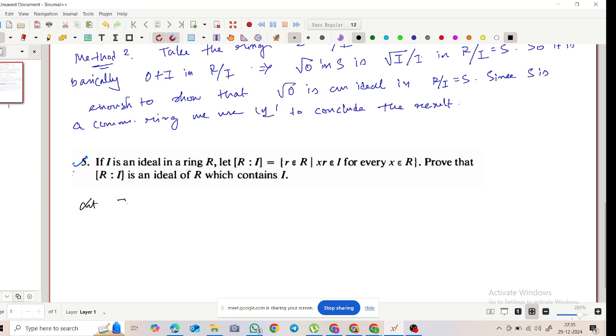Let I and J be two ideals in R. Okay, these are two ideals in R. My claim is this is an ideal.